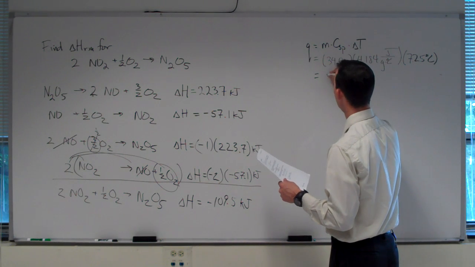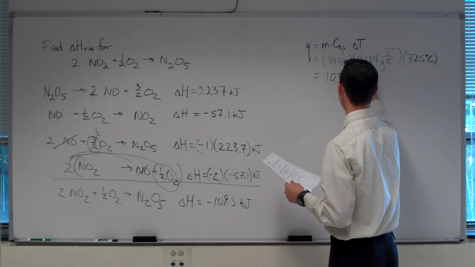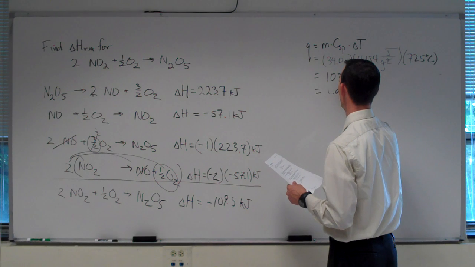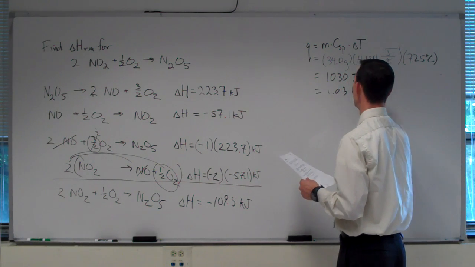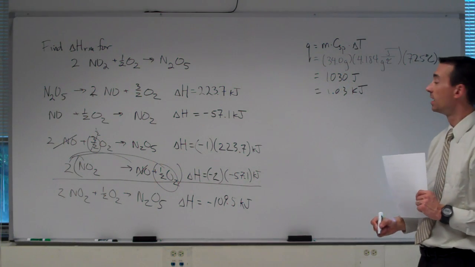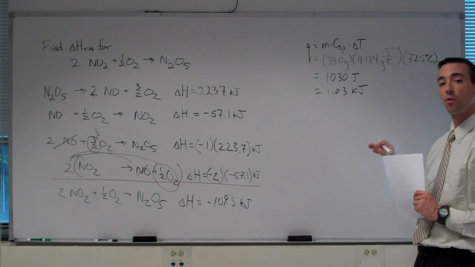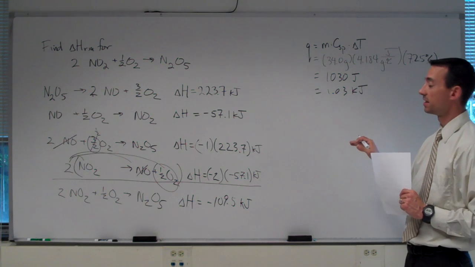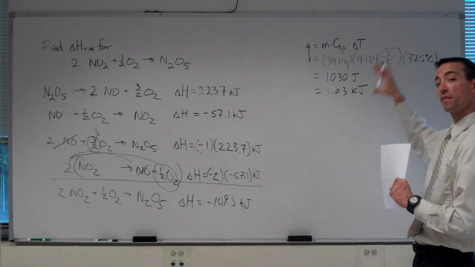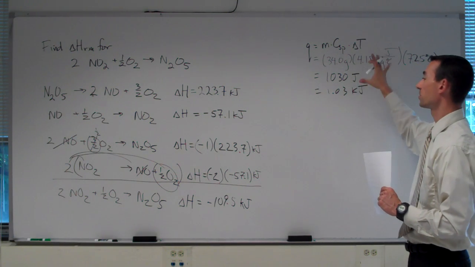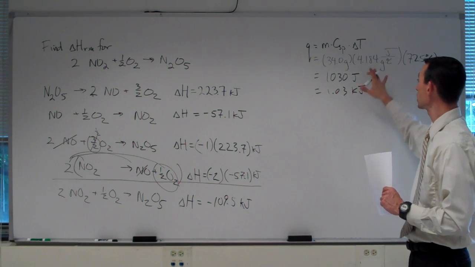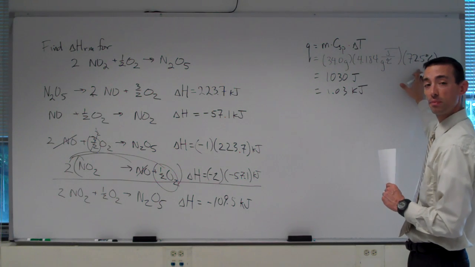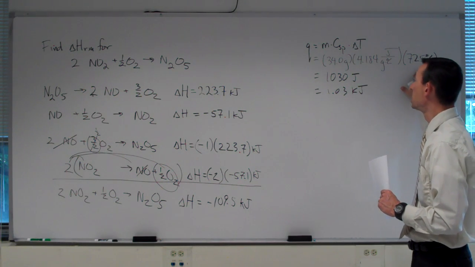So the heat absorbed is 1,030 joules, or 1.03 kilojoules. Okay? Again, that was absorbed by the water, by the surroundings. In today's lab, that'll be the first step. You'll see what happens to the surroundings, which again will be essentially water. So you'll be doing pretty much this exact calculation.